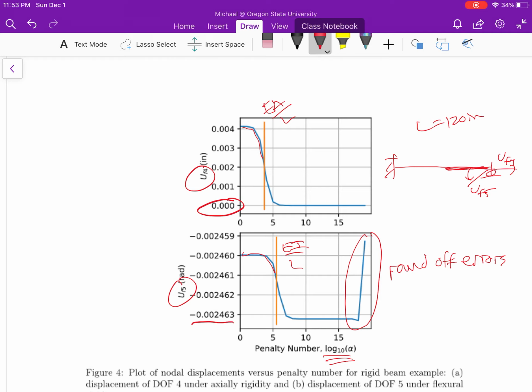But if you just stick with 3 or 4 orders of magnitude higher than some characteristic stiffness of your system, it should do a good job. So with that, hopefully that shows the differences between the constraint handling methods, and thank you for watching.